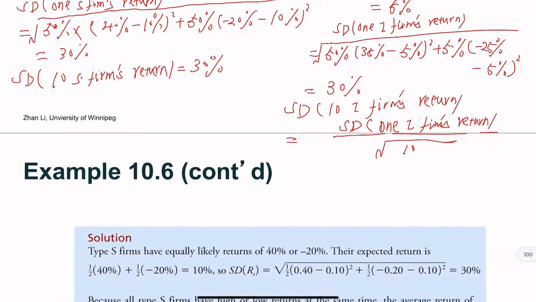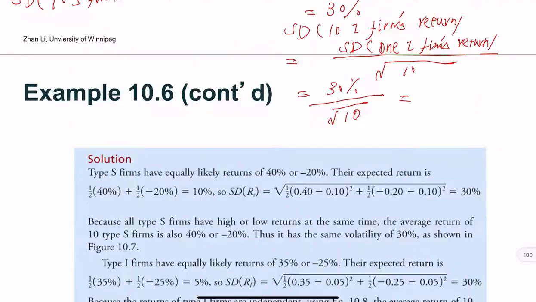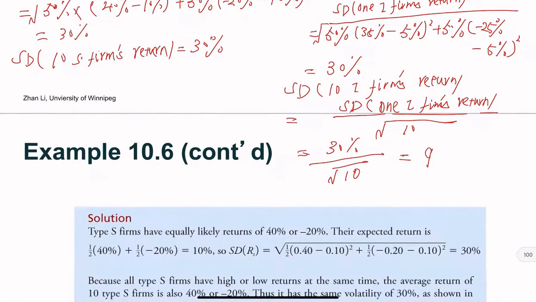So this gives us 30% divided by the square root of 10, which gives us 9.5%, right?